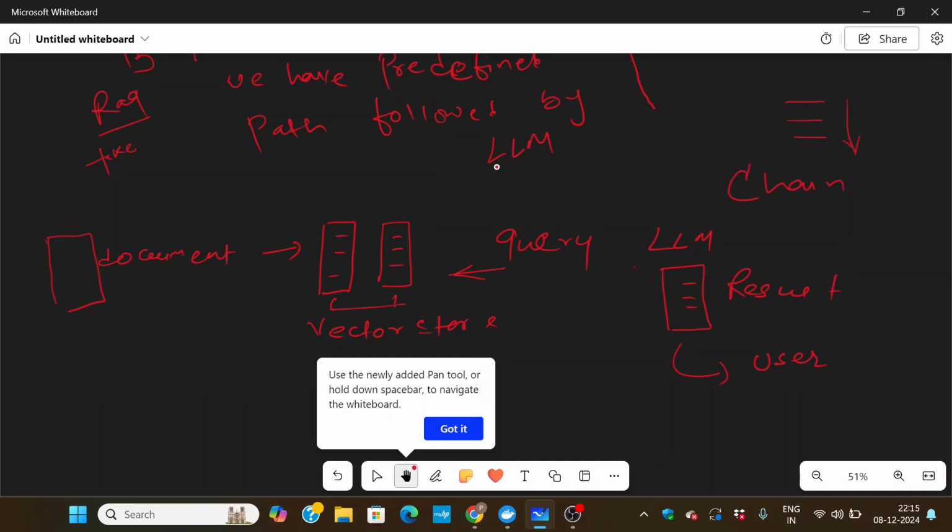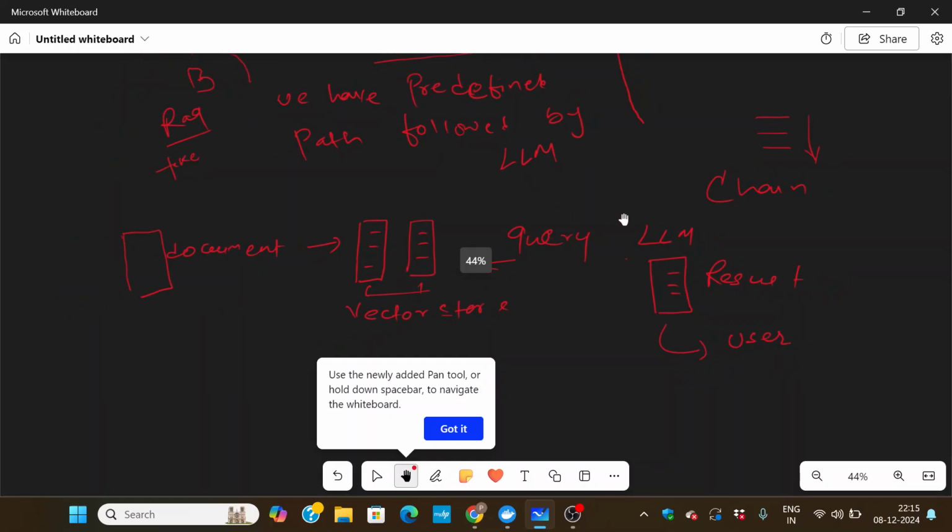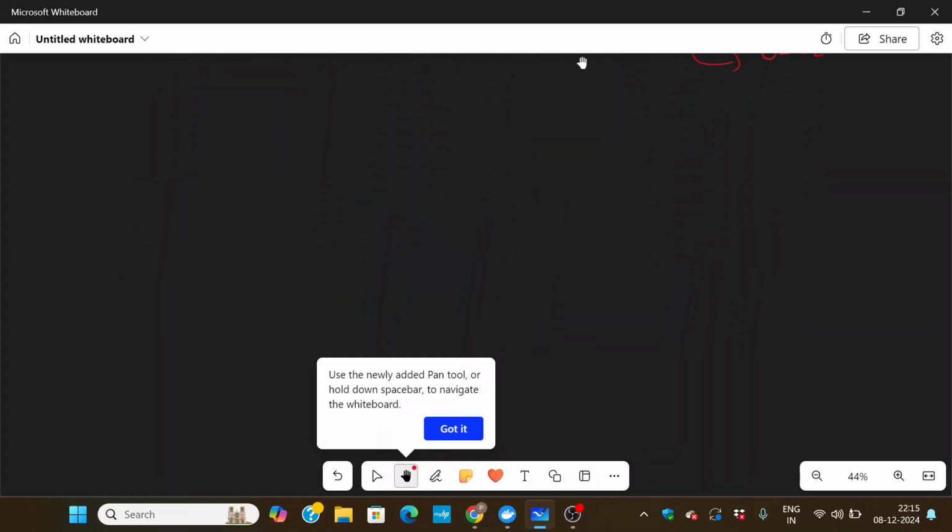So in the chain, we have a predefined path which we follow, but this is not the case with AI agent. Getting my point, guys? So in AI agent, we don't have a predefined path followed by LLMs.